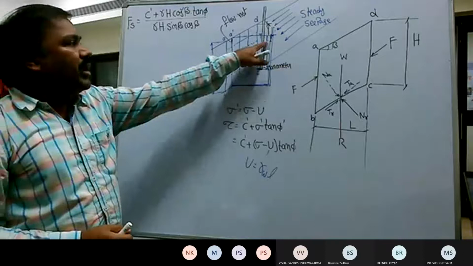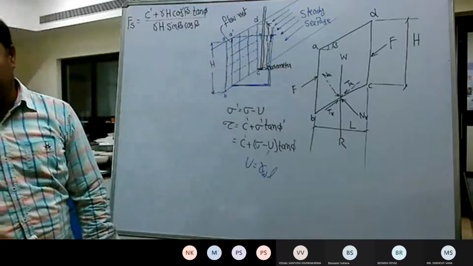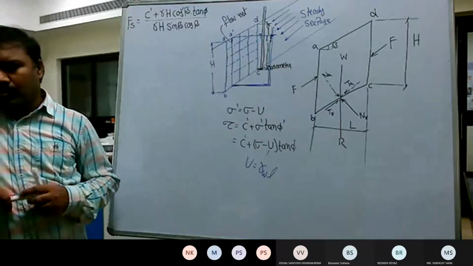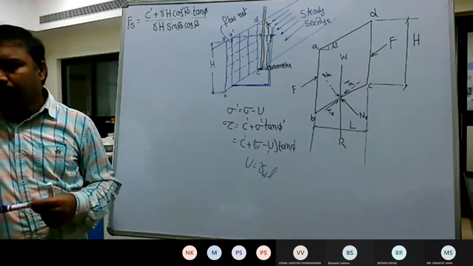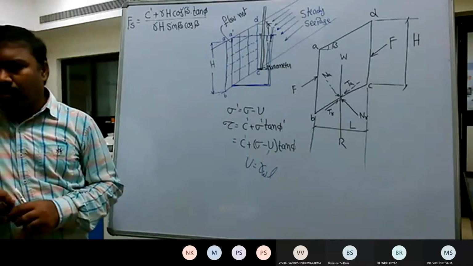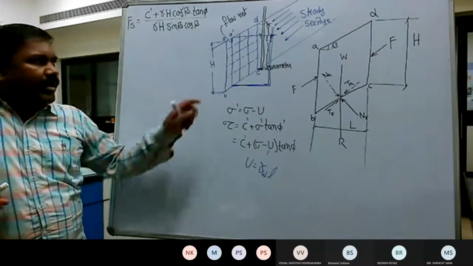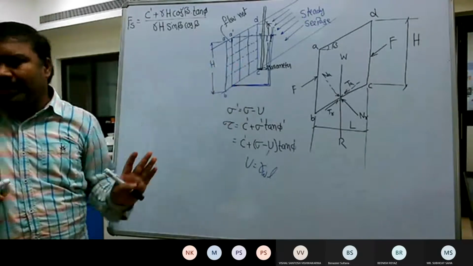Can you try to determine L in terms of the H? I don't know how many of you are able to understand this logic.